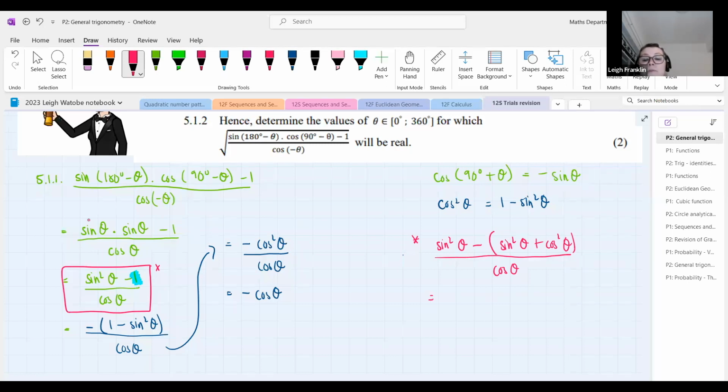This would leave sine squared theta minus sine squared theta minus cos squared theta over cos theta. And sine squared theta minus sine squared theta is 0. So you'd end up in the same place with negative cos squared theta over cos theta, which would then also become negative cos theta. So that would be an alternative way of doing it. Probably a little bit quicker to do what we did where we factorized, but both methods would be acceptable.